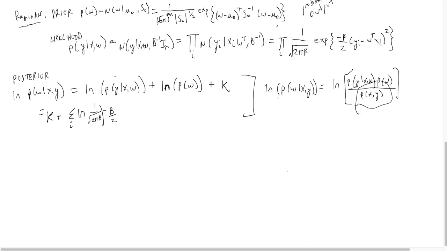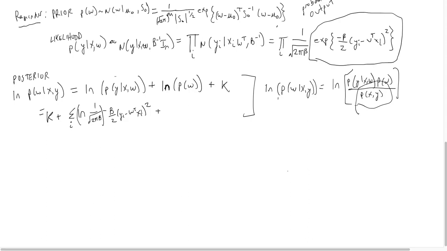So this is all one thing. And then I take the ln of this guy. So the exponential gets canceled out, and we're just left with what's inside. yi minus w transpose xi all squared. And this is all inside of that sum.